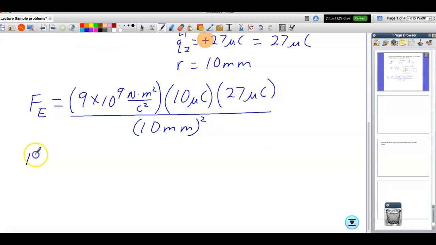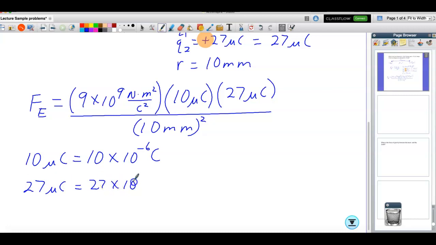So if we have 10 microcoulombs, remember micro is 10 to the negative 6. So that's 10 times 10 to the negative 6th coulombs. 27 microcoulombs is going to be 27 times 10 to the negative 6.